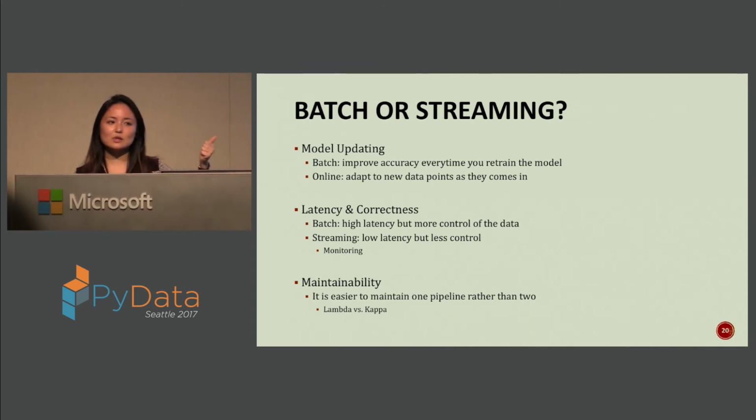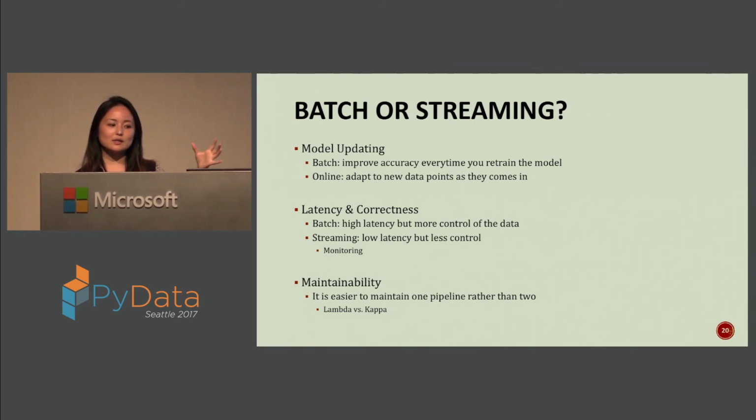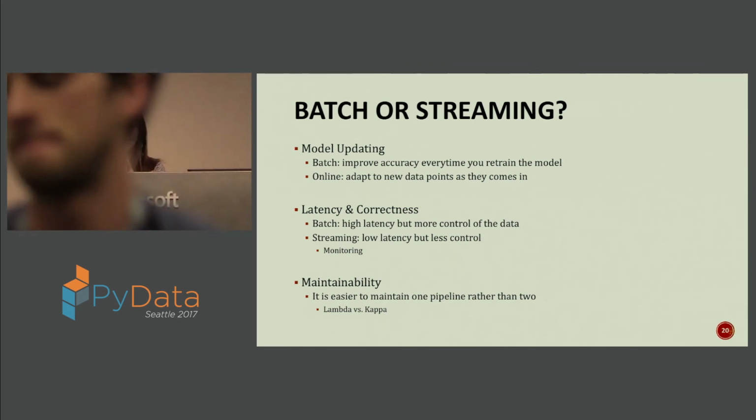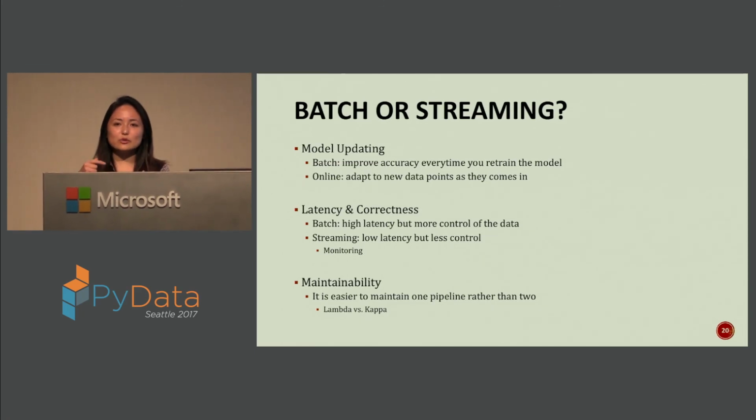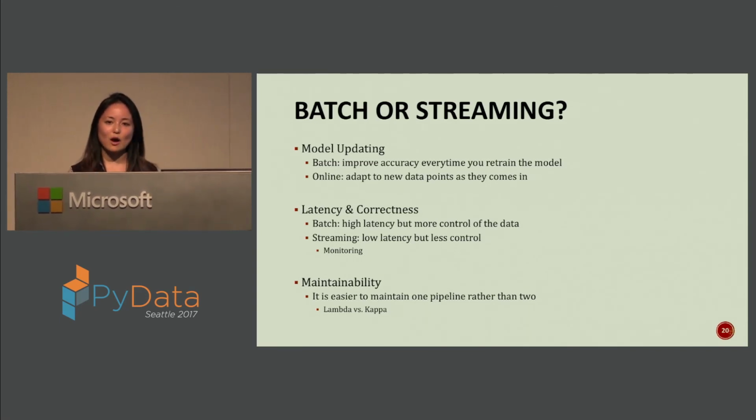However, Kappa uses a different alternative. It keeps all the events coming in as an event log, and you can process in real time by consuming the log right away, or in a batch fashion. Basically, after you have all those logs, you read from the very beginning, get all the data points together, and perform the batch process.